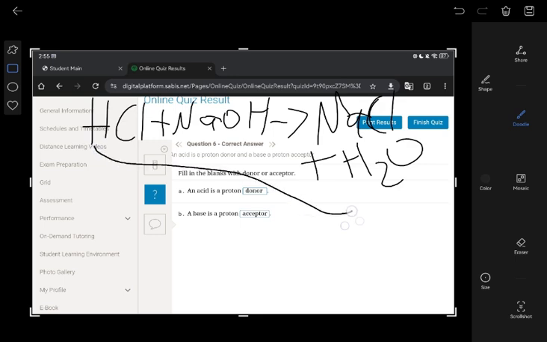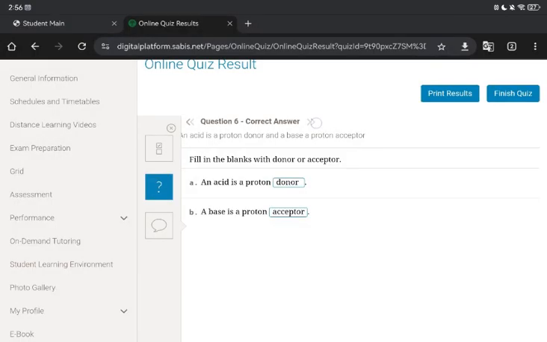It released the H into the solution. It just threw away the H, it donated the H. It's a donor. And see how here there's 2 H's and 1 O, and here there's only 1 O and 1 H? After releasing this one, the base picked it up. So the OH picked up the third H that dissociated from this. That's what they mean by proton donor, proton acceptor.